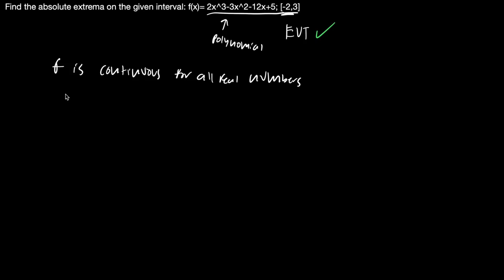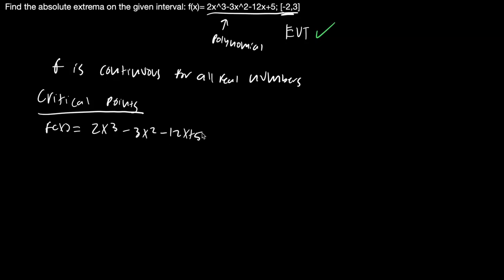So now we do our critical points. Next step is the critical points. Our initial function is 2x cubed minus 3x squared minus 12x plus 5.